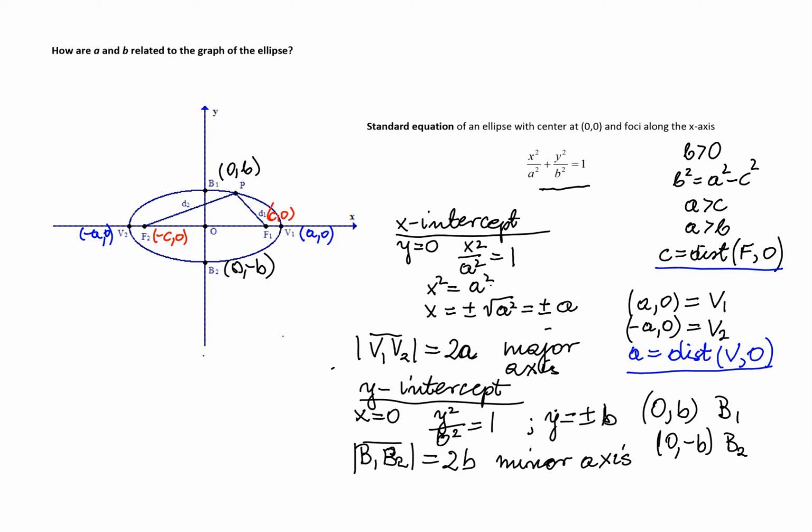Notice that in the equation x squared over a squared plus y squared over b squared is equal to 1, a squared, the number below x squared, determines the x-intercepts, and the number below y squared determines the y-intercepts. Notice also that if I have those x and y intercepts, I can pretty accurately draw the graph of that ellipse. This is the oval going through those 4 points, and we'll use this information when graphing ellipses.